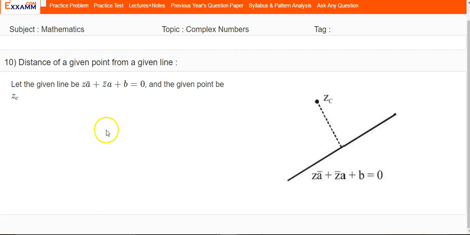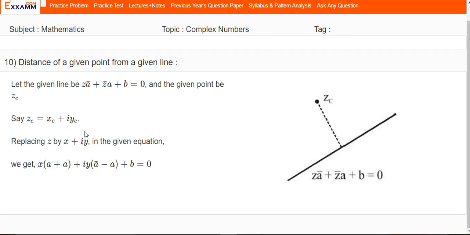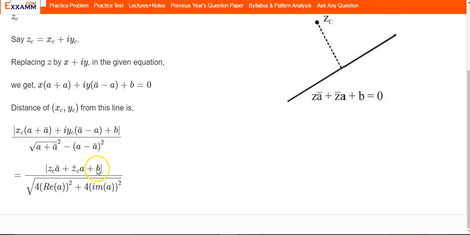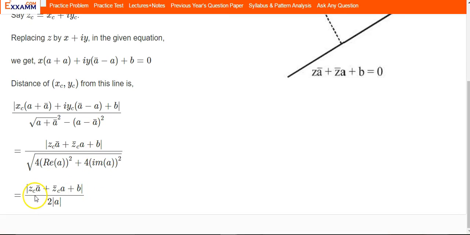So here also, this is the equation of the line, and by putting the value of z as x plus iy and doing the manipulations, we will finally get a similar result here also, that is (z0 alpha bar plus z0 bar alpha plus b) divided by 2 modulus of alpha.